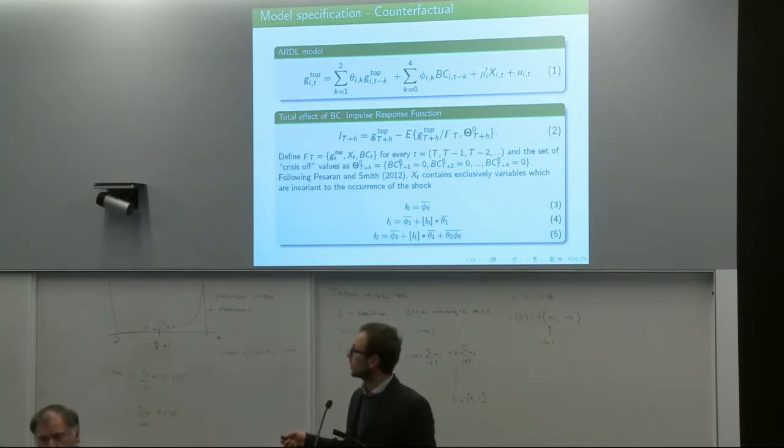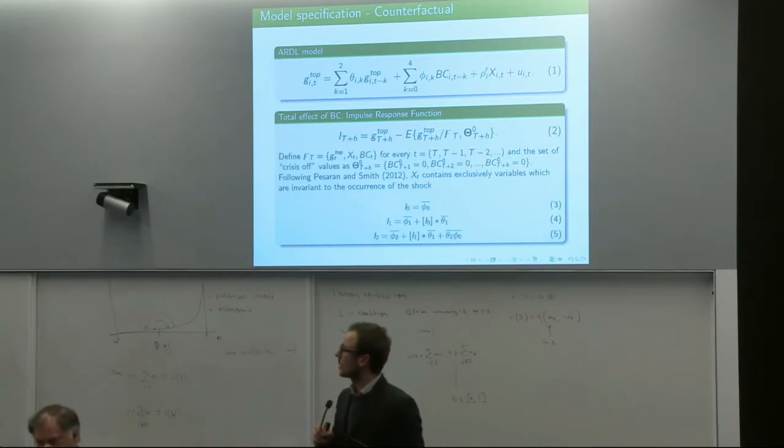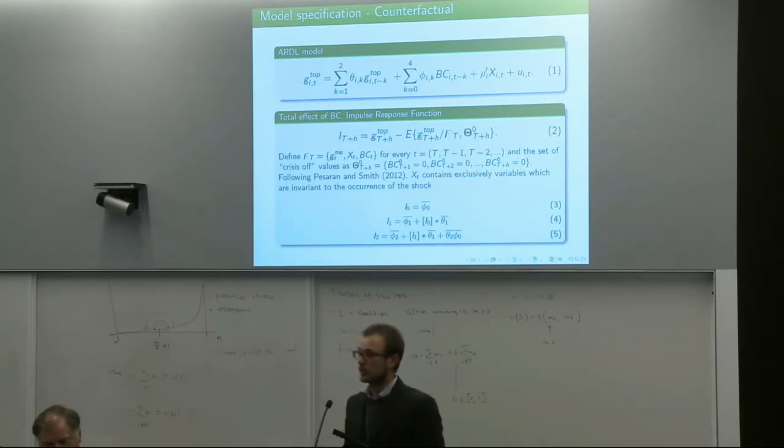We follow the ex post counterfactual approach by Pesaran and Smith. It's a very recent paper, but it's very clear and neat. And what they say is that in order to estimate the total impact of the impulse coming from the banking crisis, all you need to have is a reduced form model like this one, where you control exclusively for variables which are invariant to recurrence of the crisis.